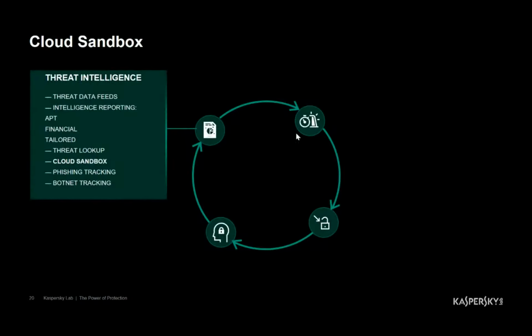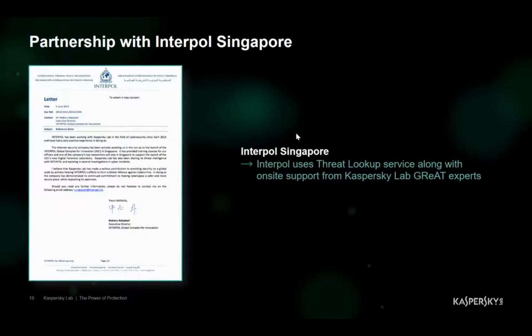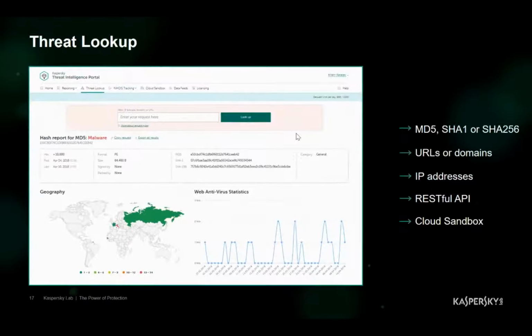It has a lot of information which the customer can benefit from. So he can get, for example, a red mark for the object he was looking for or trying to analyze, and it will show whether this object is considered a malware or it is clean.